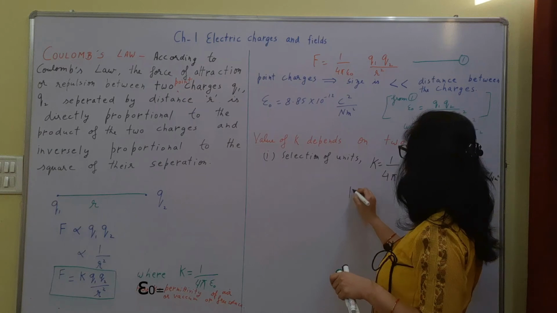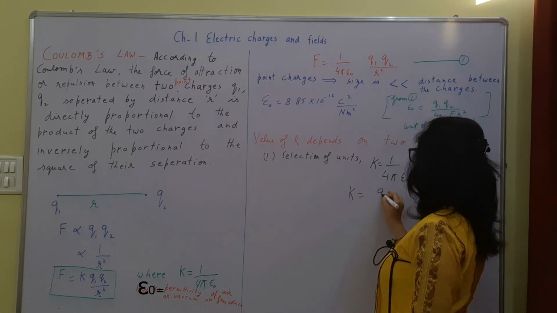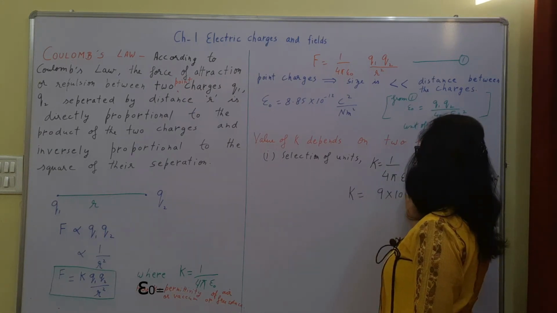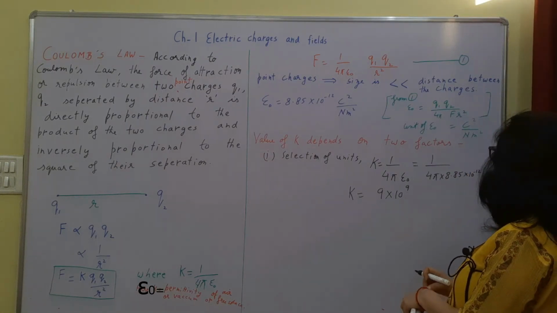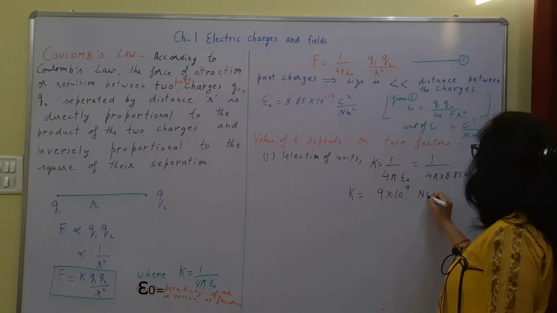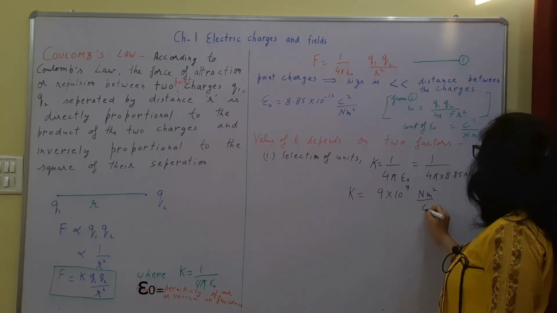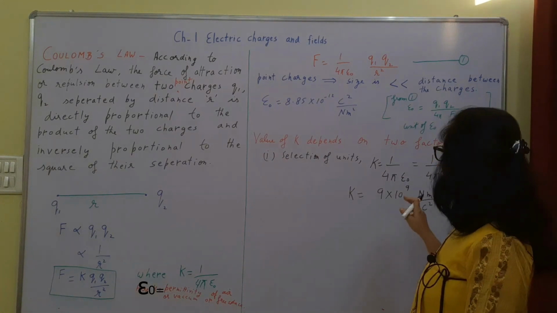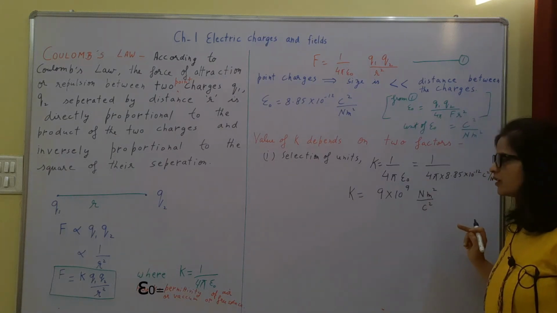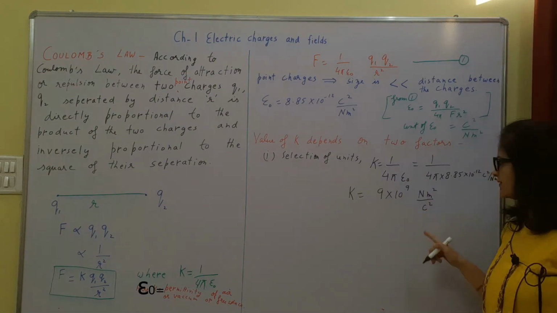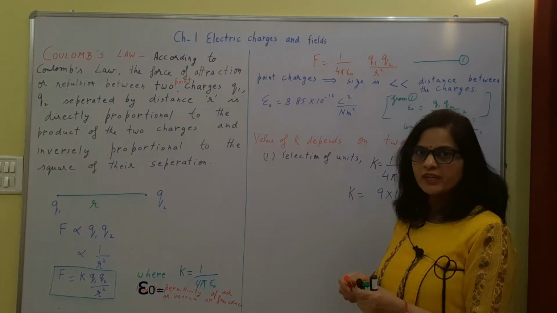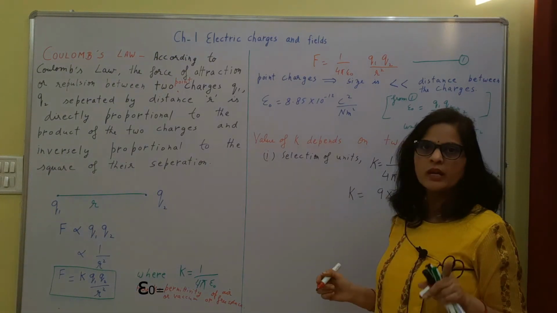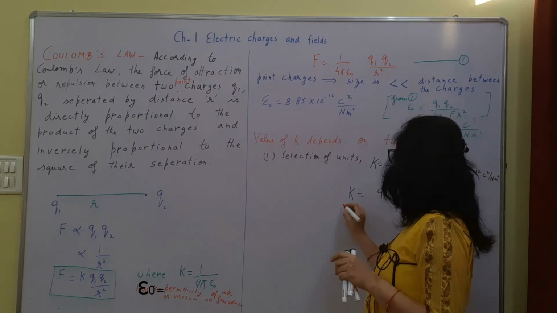On solving, this comes out to be nearly equal to 9 into 10 to the power 9 and its unit will be Newton meter square per Coulomb square. So if we would have taken this epsilon naught value in other units, the value would have changed. So for SI unit, the value of K is nearly 9 into 10 to the power 9 Newton meter square per Coulomb square.